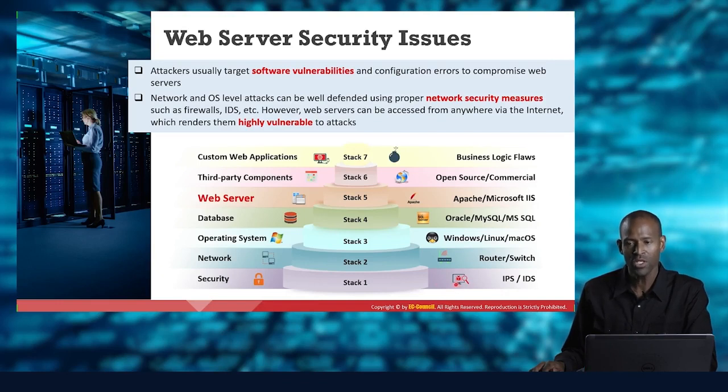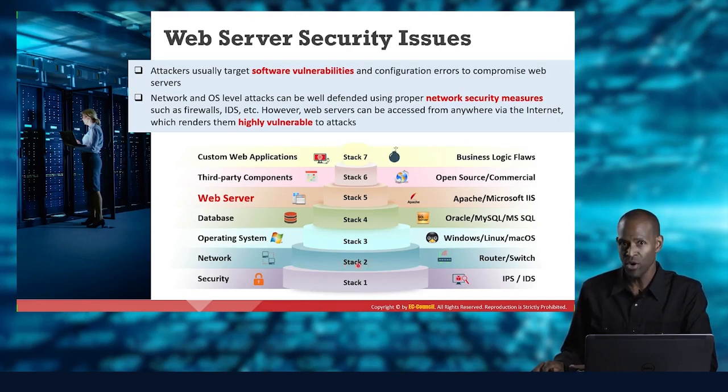But wait, there's more. We also have the level above that in stack 2. We have routers. In fact, there may be 15 or 16 routers in a medium-sized organization. There may be 50 to 60 switches in a medium-sized to larger organization, and each of them have VLANs and routing protocols and router security and VLAN security, and they may have redundant architectures, and they may have secure protocols, and they need to be hardened, and so on, and more right here at stack 2.